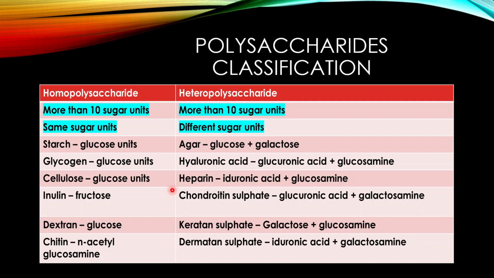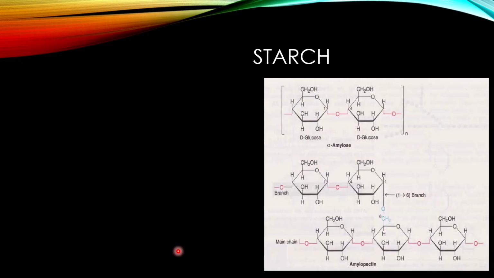These are all examples of glycosaminoglycans or mucopolysaccharides, which we will be seeing later. So the heteropolysaccharides contain more than 10 sugar units of different sugars, for example glucose and galactose. Agar is the simplest form, and hyaluronic acid, dermatan sulfate and the others are all mucopolysaccharides or glycosaminoglycans.